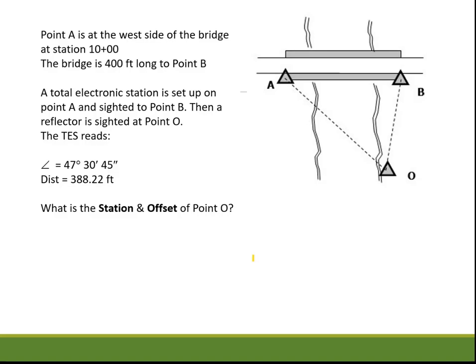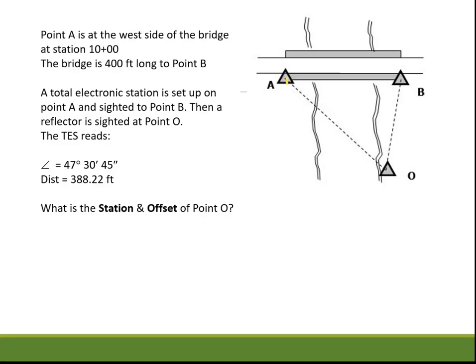In this case, we're given a situation where point A is on the west side of the bridge at station 10 plus 00. The bridge itself is 400 feet long to point B. A total electronic station is set up on point A and initially sighted at point B. Then a reflector is sighted at point O. So the TES turns an angle from B to O, and that angle is read out as 47 degrees 30 minutes and 45 seconds.